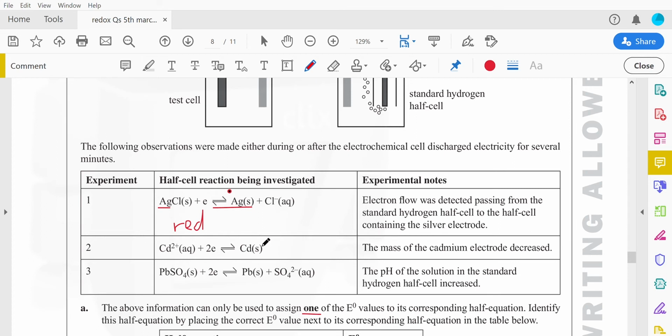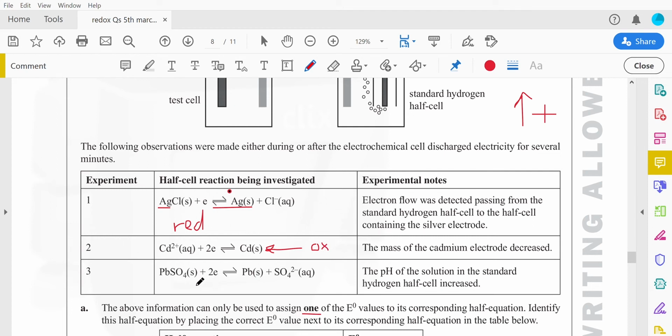That indicates actually the reaction is going the other way, and it's oxidation, which means this reaction would fall below the hydrogen half cell on the electrochemical series, on the one we're constructing. As we know, the further you go up the electrochemical series, the more positive our standard electrode potentials are. So, this is going to be more negative. 2 is going to be more negative than 1.